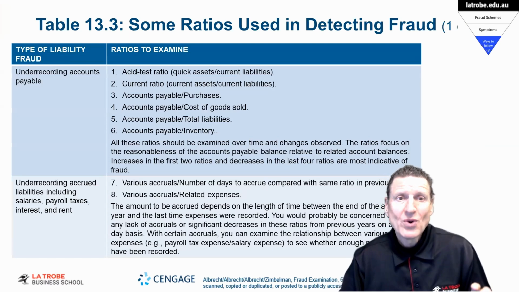If we look at under recording accrued liabilities, including salaries, payroll taxes, interest, and rent, then there's going to be other ratios associated with the various accruals to examine.